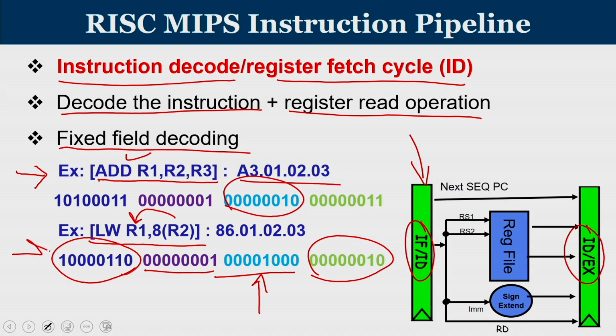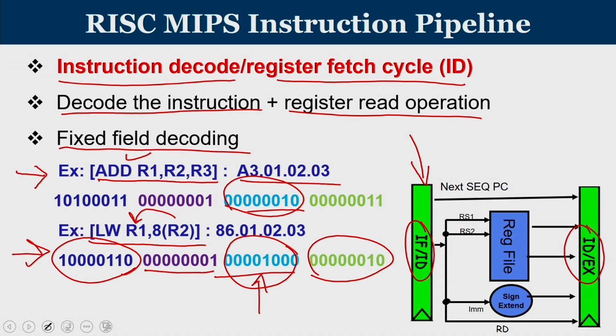If the instruction is of load type, then rather than considering this as R8, it should be considered as an immediate value. To make things simple, without decoding, the second stage won't know whether it is an add operation or a load operation. If it is an add operation, then it has to be understood as R2. If it is a load operation, it has to be understood as a scalar value 8.